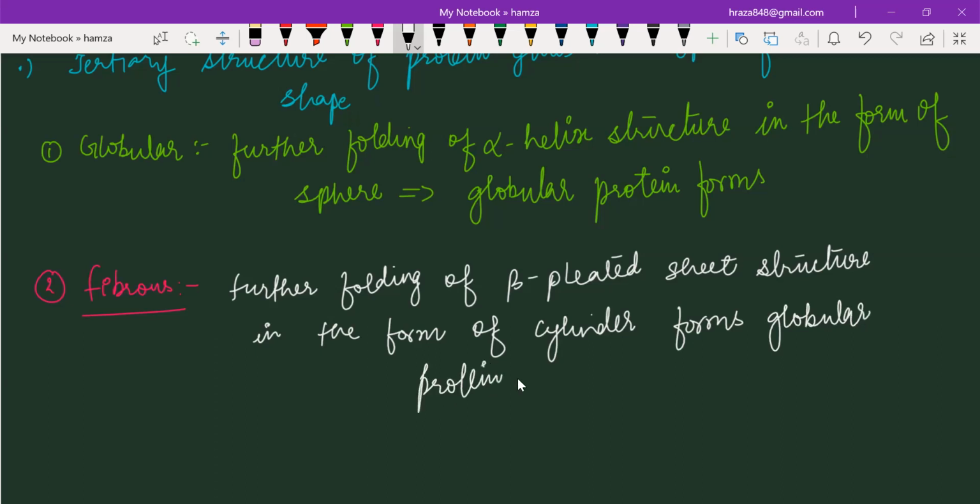Only the last structure of protein is left, that is quaternary structure. We will talk about it right now. Quaternary structure.